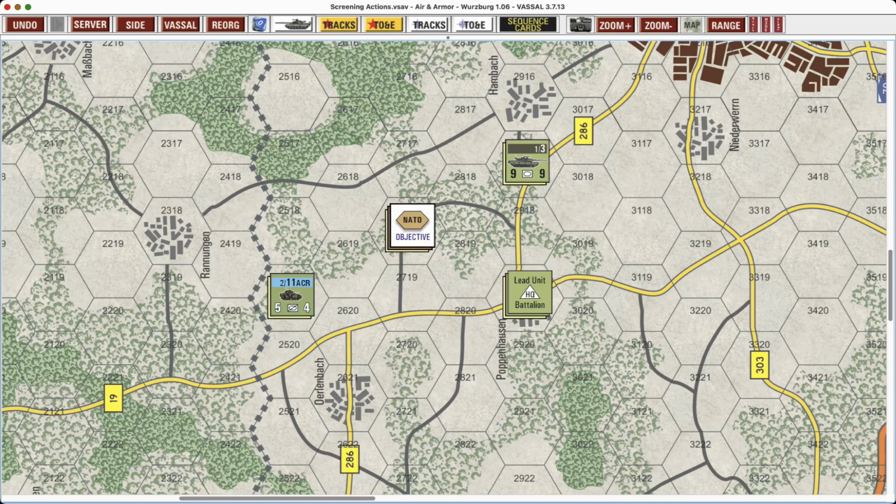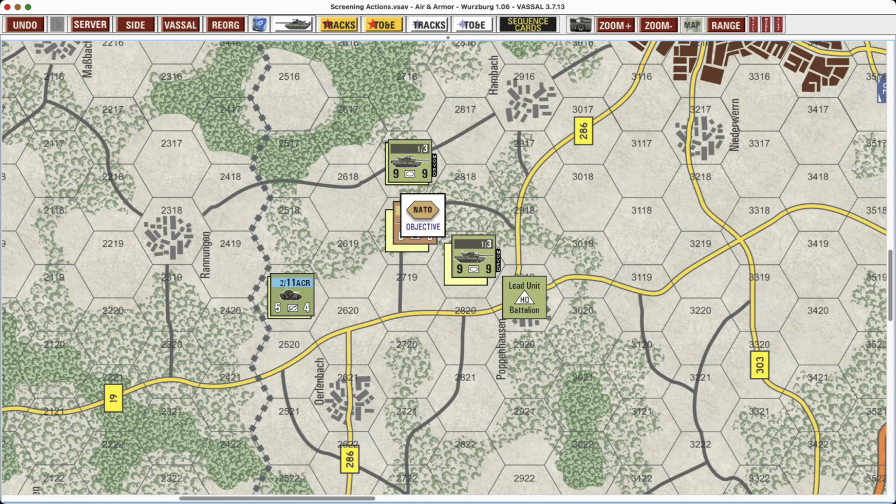So he forms a task force, and this unit moves 1, 2, and this unit moves just 1 and into place. Let's assume that the result of this assault operation is that this Warsaw Pact unit has to retreat. It is now retreated into the ZOC of this armored cavalry unit.